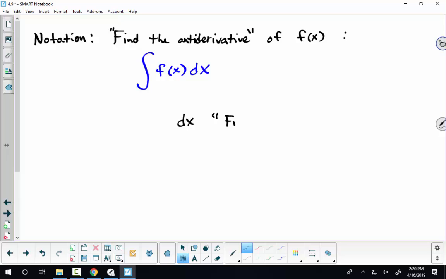Well, I won't say it's the find the antiderivative part, because that isn't what the dx is telling us.